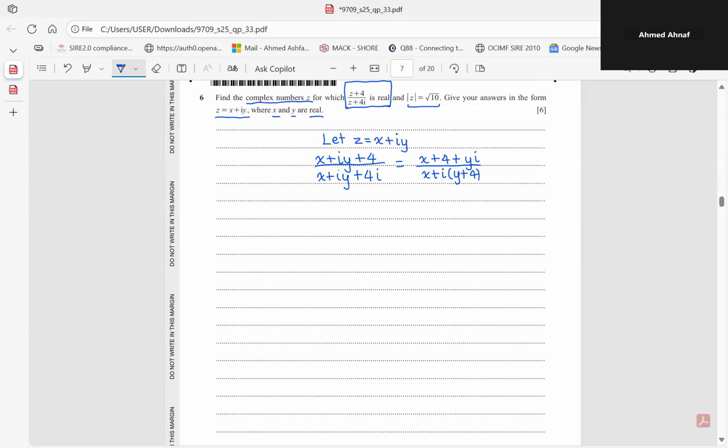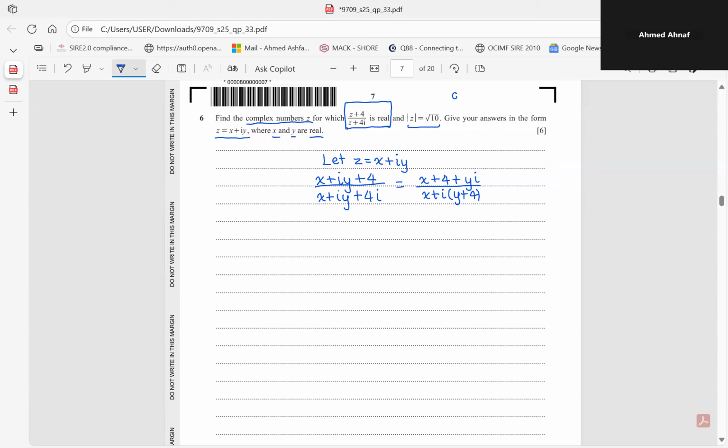To make this into a proper complex number in the form a plus bi, we have to multiply both the numerator and denominator by the conjugate of the denominator. So we're going to do x plus 4 plus iy times x minus i times y plus 4, over x plus i times y plus 4 times x minus i times y plus 4.